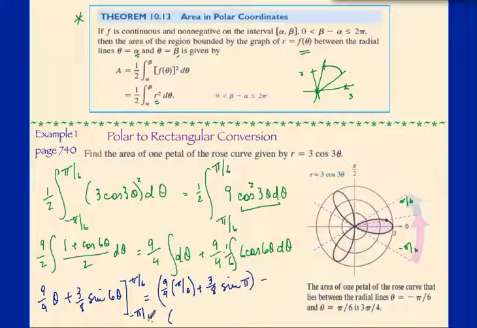And then minus, we're going to put negative pi over 6 in for theta, 9/4 times negative pi over 6, then plus 3/8 times sine of negative pi over, well actually negative pi, since negative pi over 6 times 6 is negative pi. Now these two terms go away because sine of pi and sine of negative pi are 0.